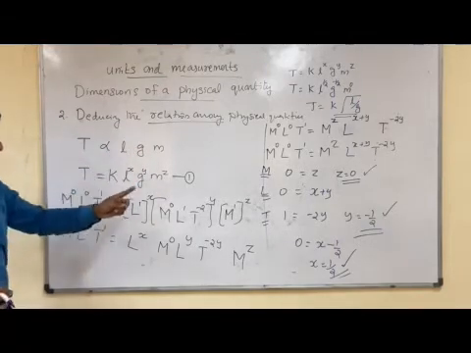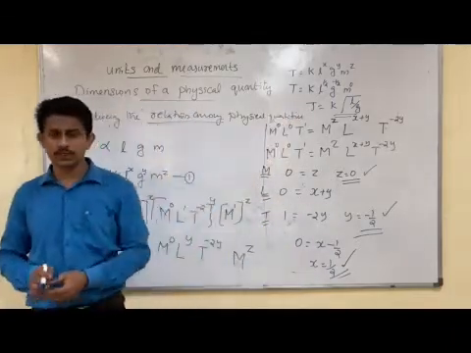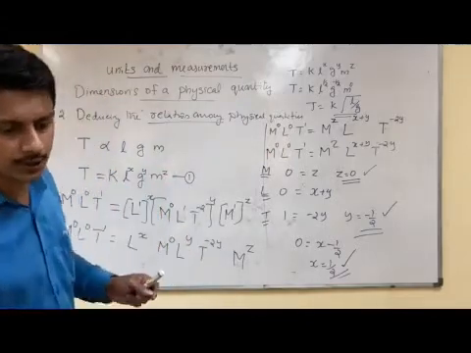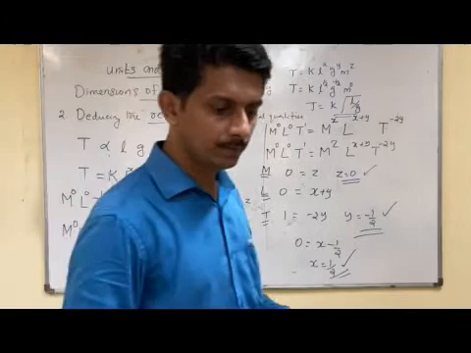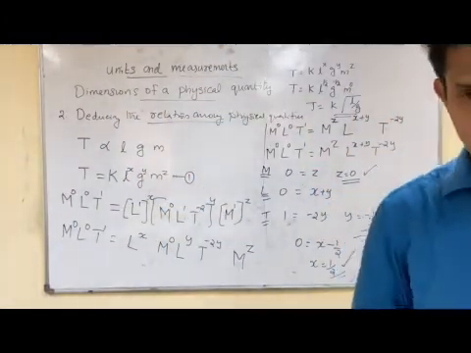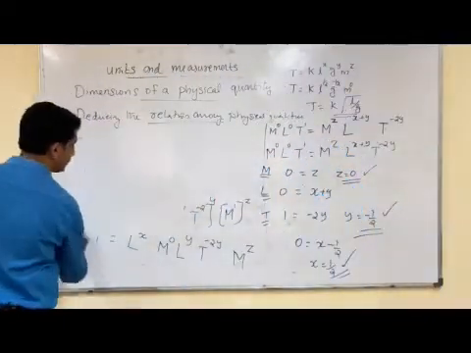Based on that we come to this x, y, z, and finally we substitute and get the formula as this. This is the method of dimensions to derive the equation for the time period of a simple pendulum. Then one more question we will consider in the case of the time period of a simple pendulum.